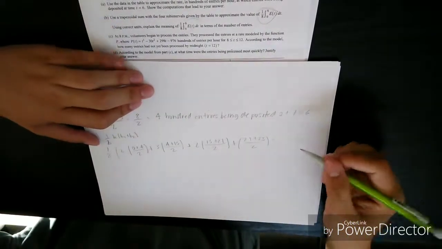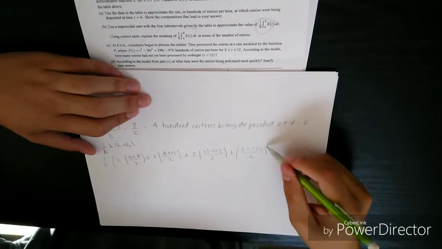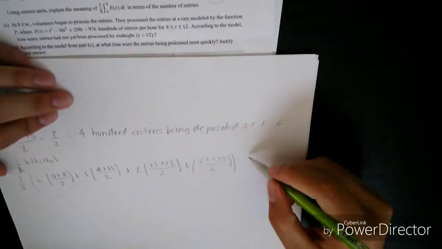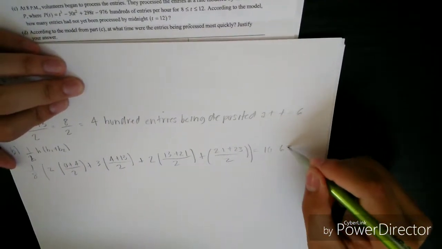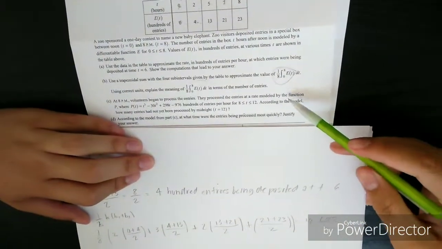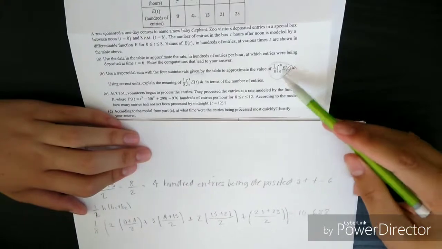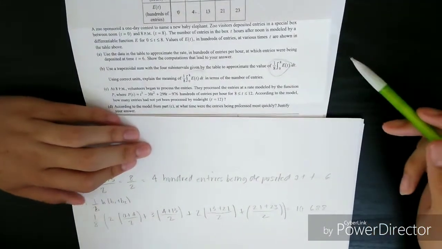Now this is a calculator problem, so when we plug this into the calculator, we are going to get 10.688. So that is the value of 1 over 8 integral from 0 to 8 E of t dt.